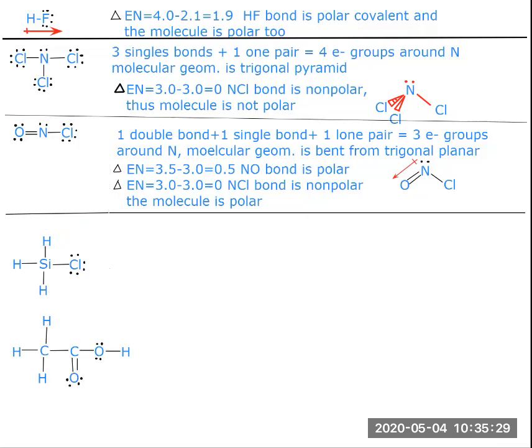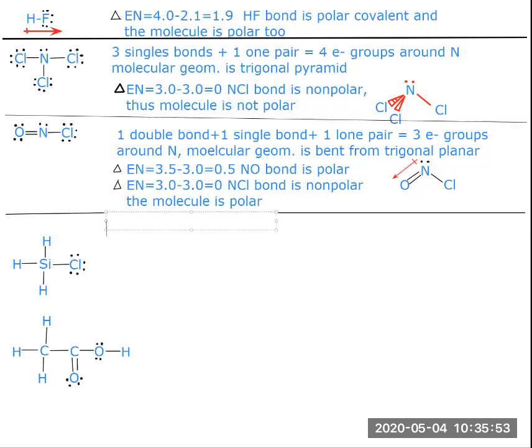Okay, let's do the next one. Let's do the shape first. So the central atom here is silicon, and silicon is surrounded by 4 single bonds, right? So let's write this down.